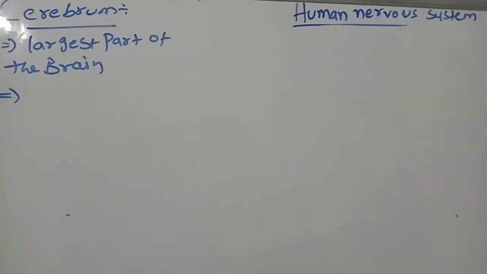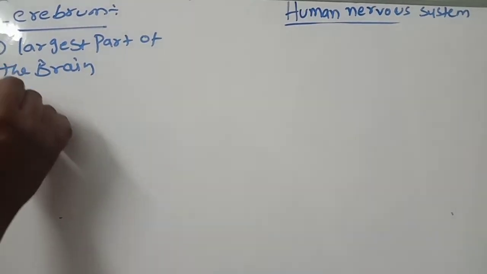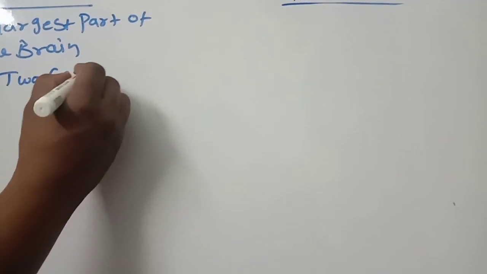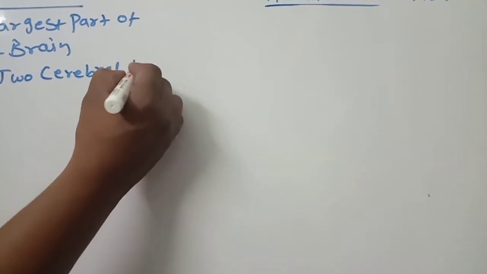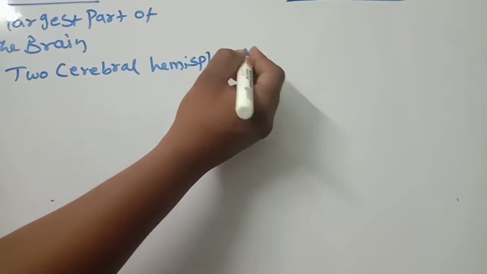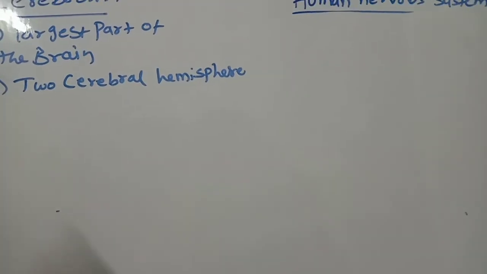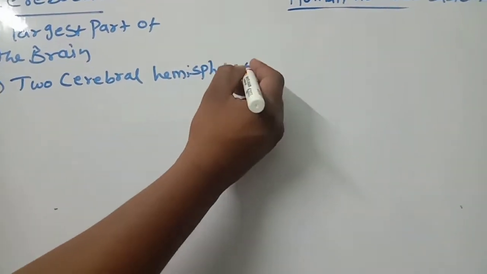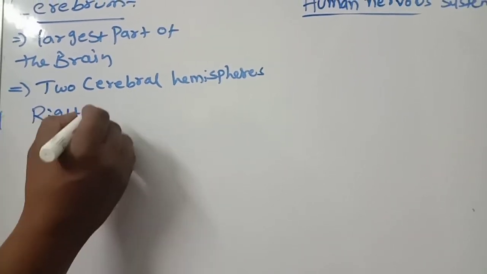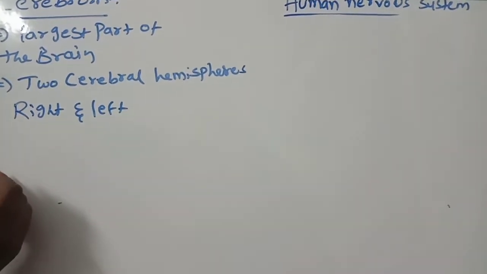The second one is that in humans, it consists of two cerebral hemispheres, the right cerebral hemisphere and the left cerebral hemisphere.